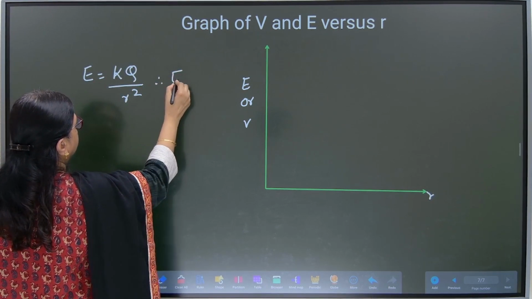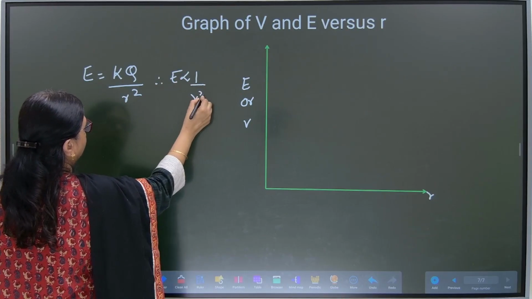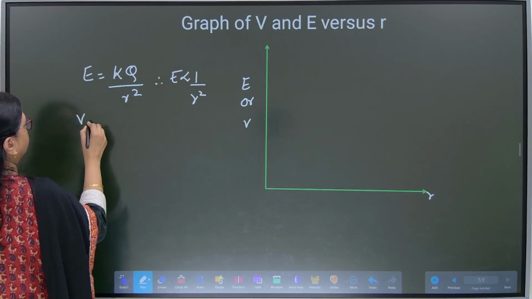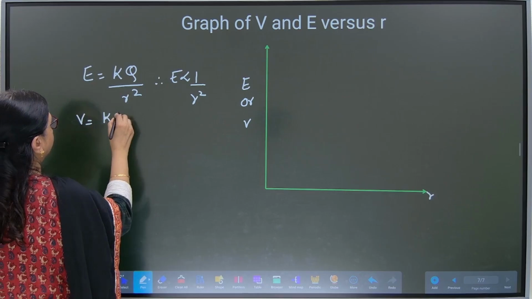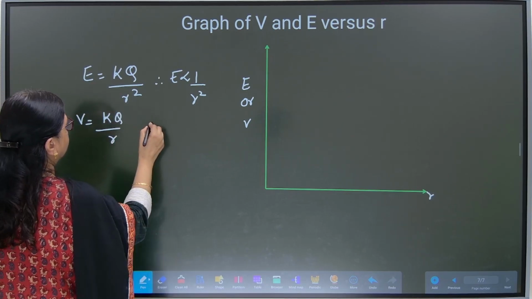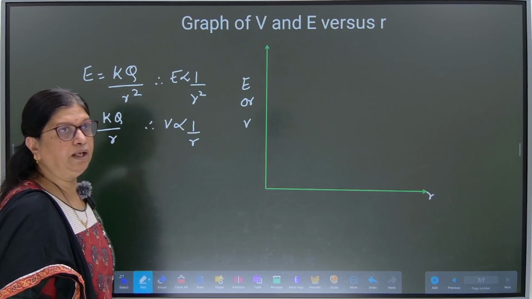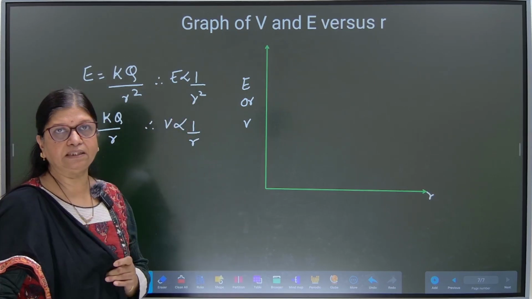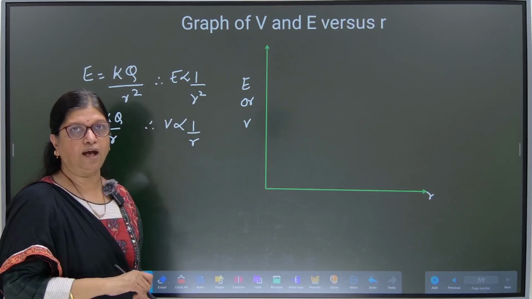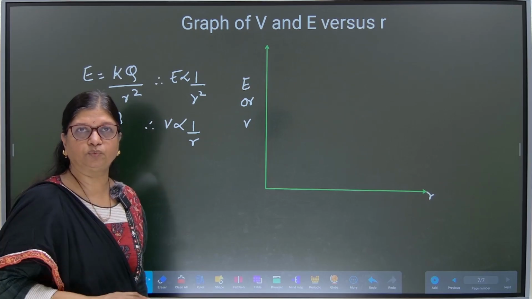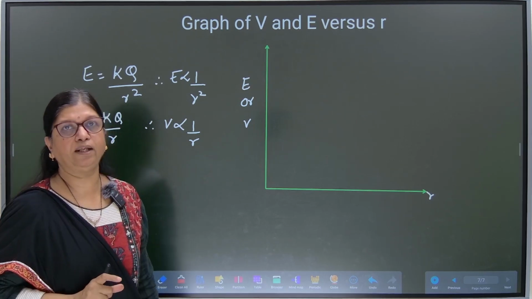Therefore, E is inversely proportional to R square. Similarly, just now we found out V is equal to KQ upon R. Therefore, V is inversely proportional to R. So using these proportionalities, we plot a graph for both these values on the same coordinates.